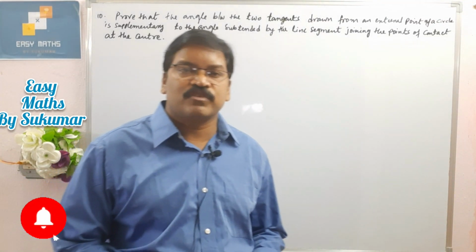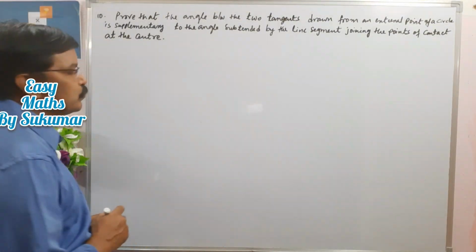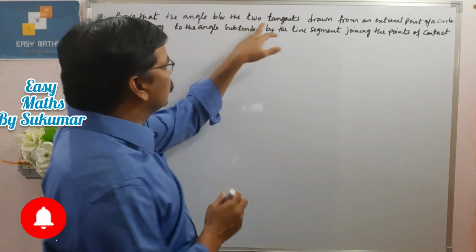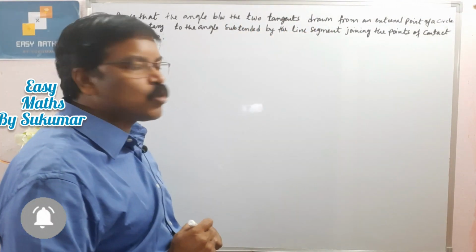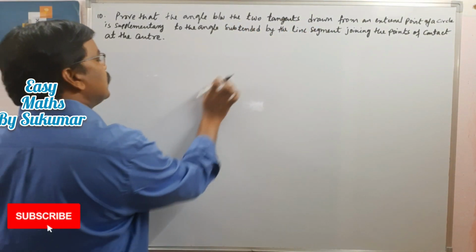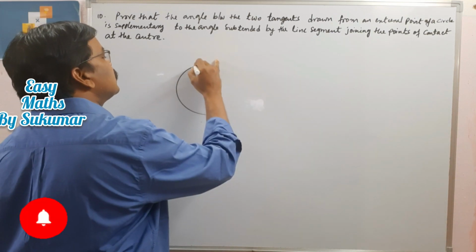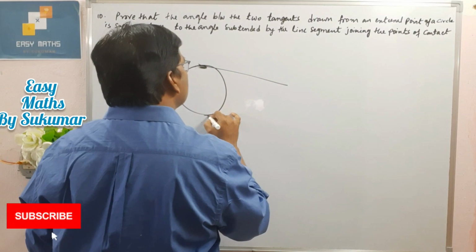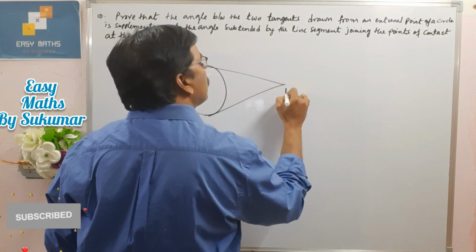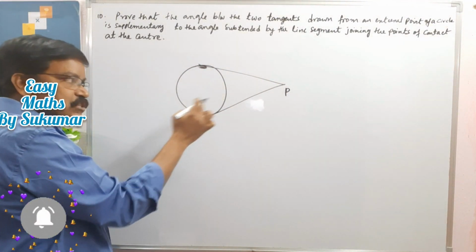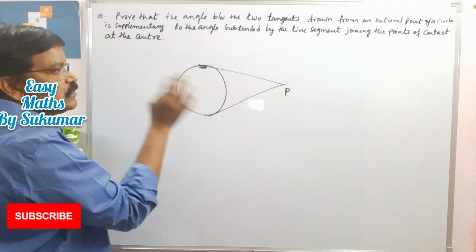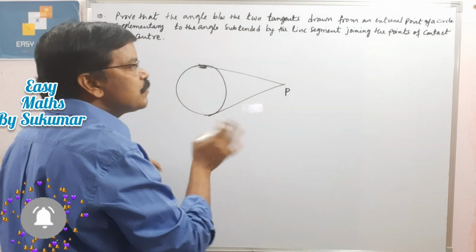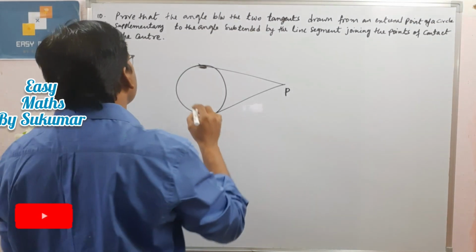Look here, 10th question in this exercise 10.2. Prove that the angle between two tangents drawn from an external point of a circle is supplementary to the angle subtended by the line segment joining the points of contact at the center.